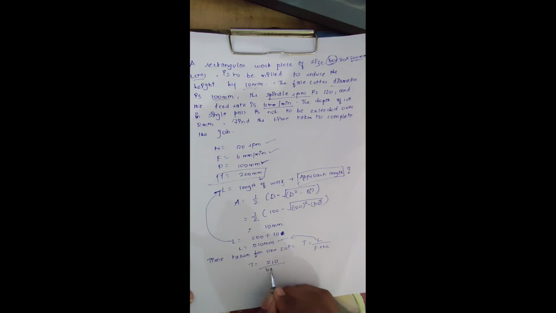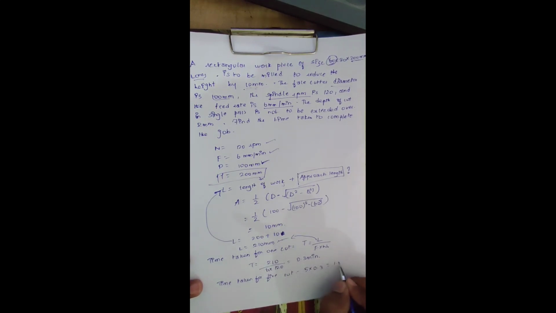So feed 6 into 120, which is equal to 0.3 minute. So time taken for 5 cuts would be 5 into 0.3, equal to 1.5 minutes.